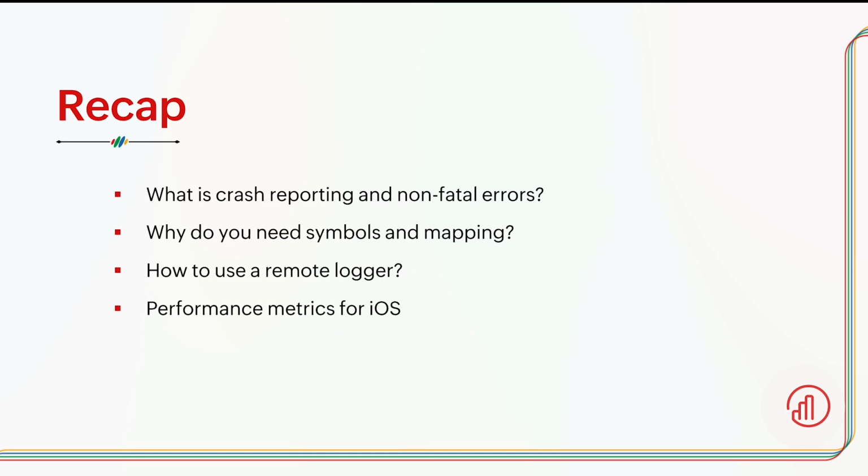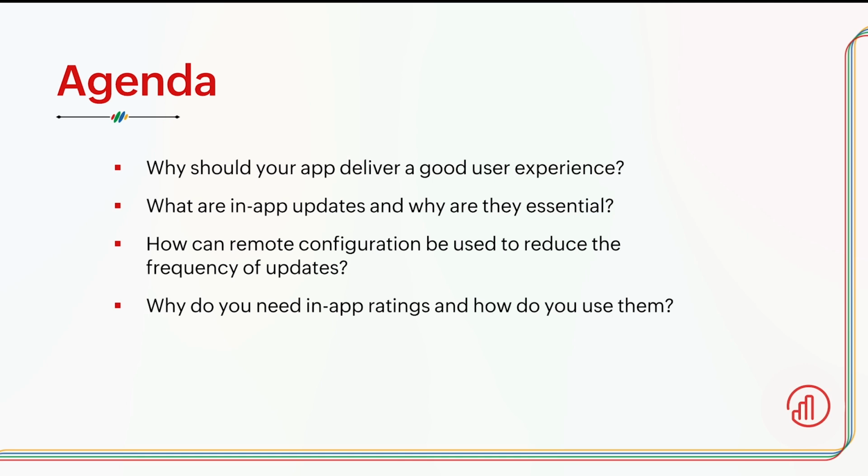So after learning how to deal with crashes, debug them and fix them as soon as possible, now we'll be learning about how to create great user experiences. So this is the agenda for today. Why should your app deliver a good app experience? This would be our first point.